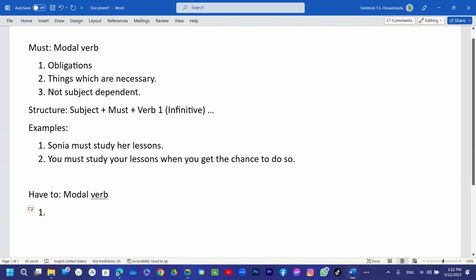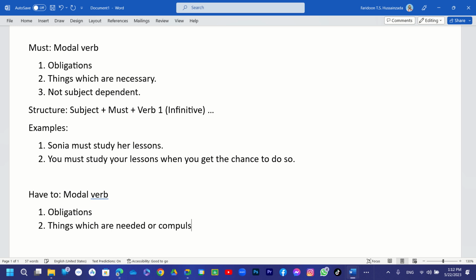So the uses of have to is kind of the same as must. It is also talking about obligations and things which are needed or compulsory. Compulsory just means it is supposed to be done, it's necessary to be done, even going as far as to say that you're being forced to do it.